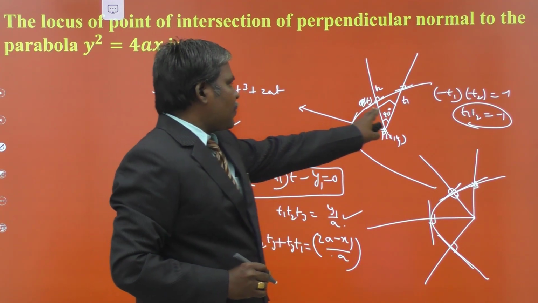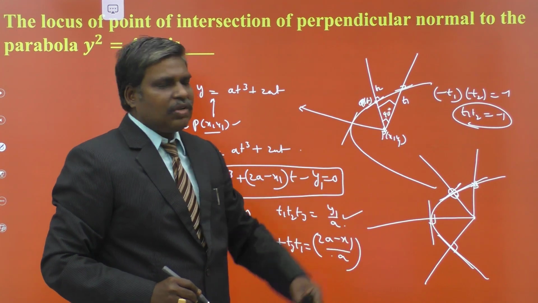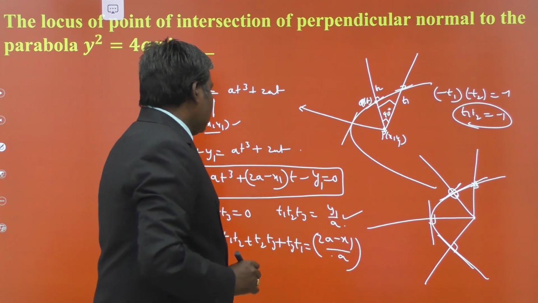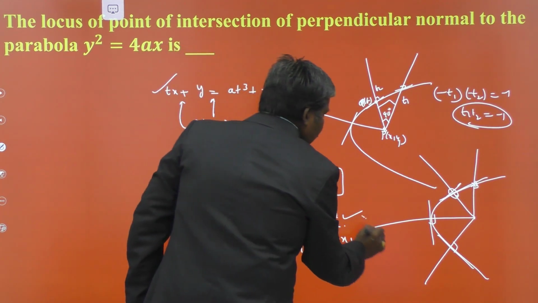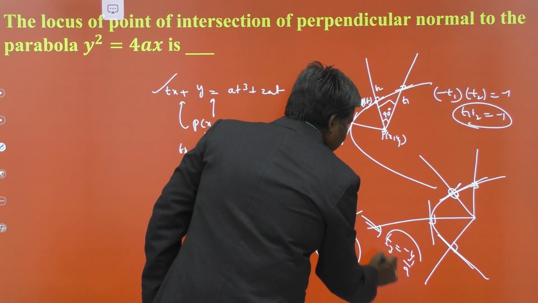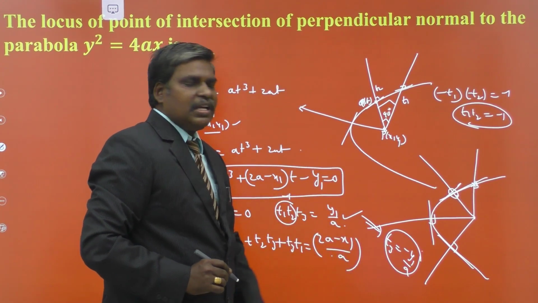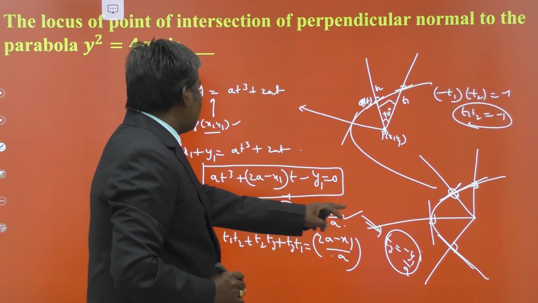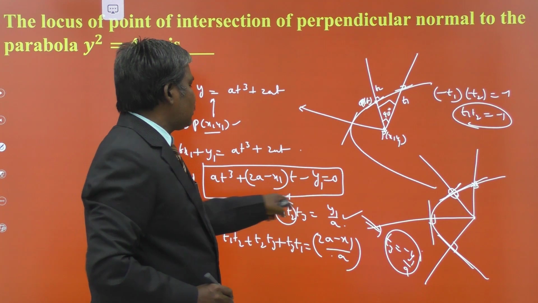So if 2 normals are perpendicular, then t1 t2 = -1. Therefore t3 = -y1/a. Here -t3 is y1/a, therefore t3 is -y1/a. T3 is a root of this equation.